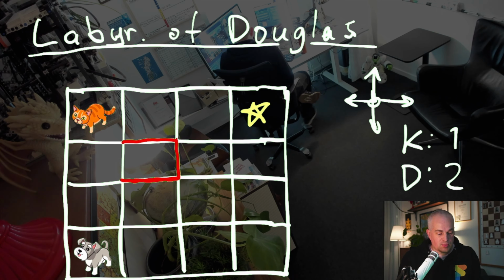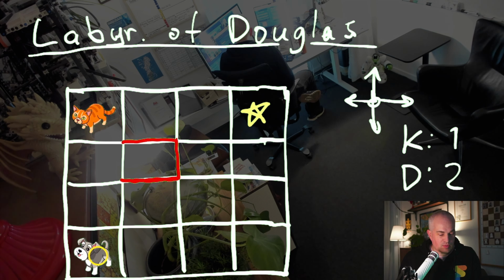So how is this even possible? Well, the cat wants to go to the star. That's the goal, the star that you see here. To get there, Katniss will go one orthogonal cardinal step at a time, and Douglas will move twice for every such move where Katniss takes one step.